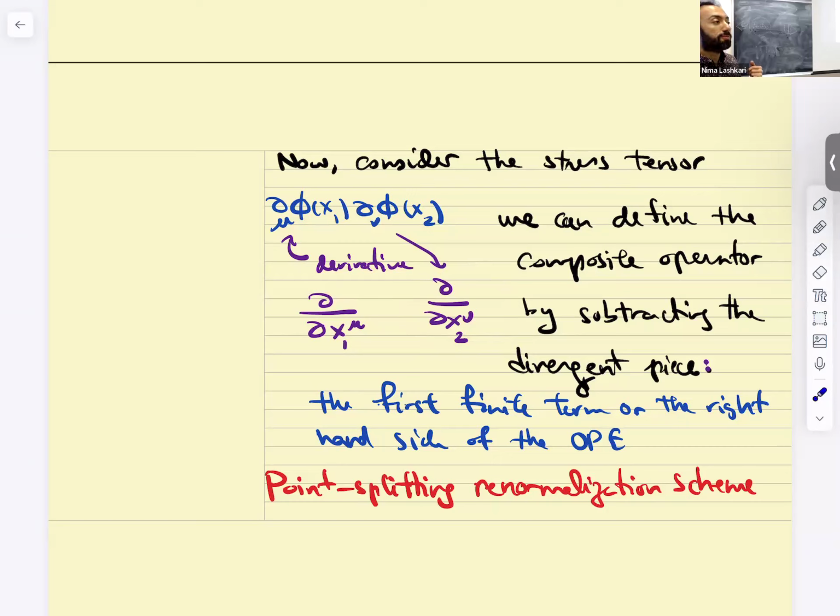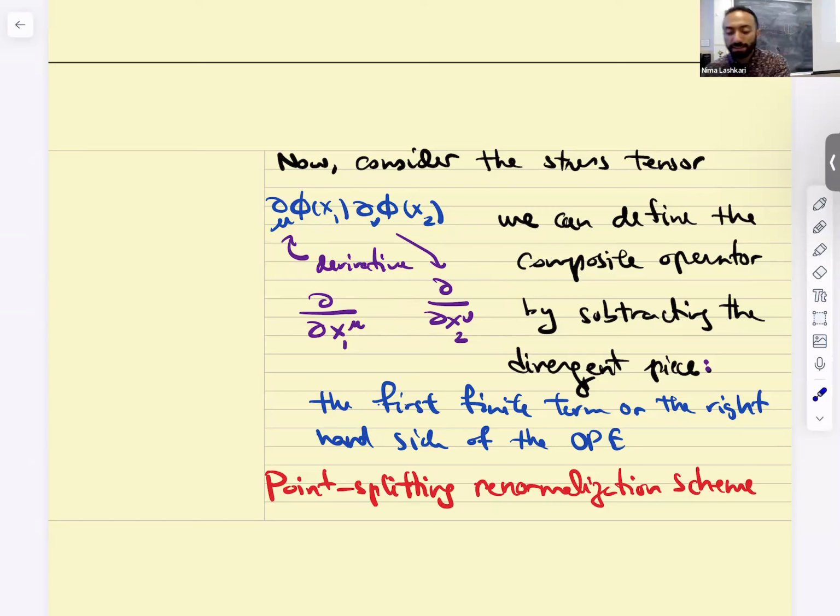What does this give you? It tells you about the divergence structure of these two-point ∂_μ φ, ∂_ν φ. Why is that important? Because by subtracting the divergence terms, you define a finite operator. That's a composite operator.